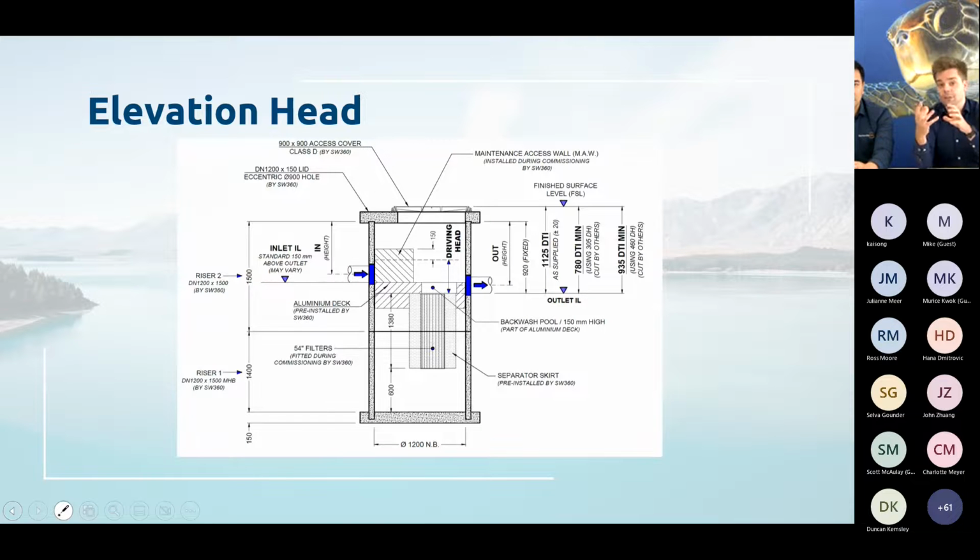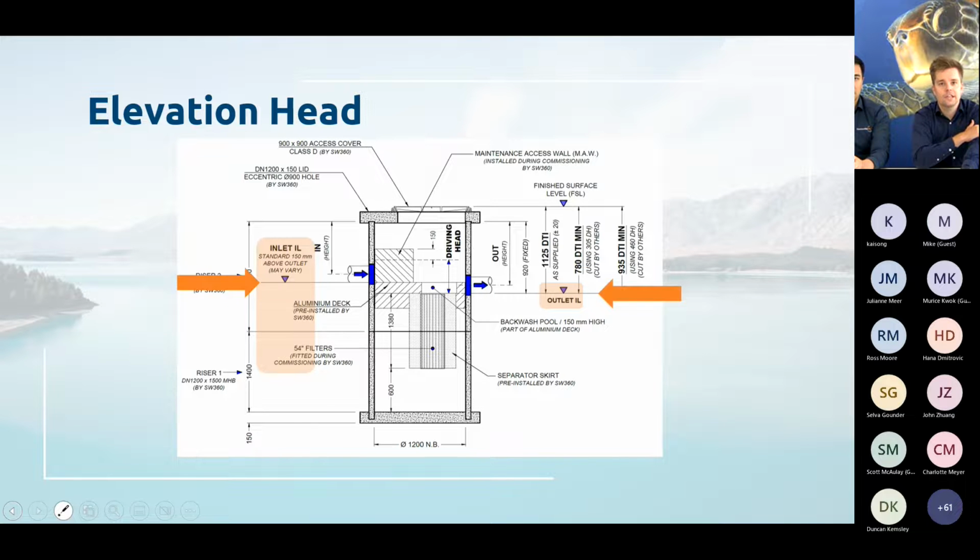So if we look at how the Jellyfish Filter works, water flows in, goes down into the sump that is there, and then flows up through those membrane filters and then out through the outlet. Relative to the outlet invert, which is shown here on our drawings, we have the inlet invert.